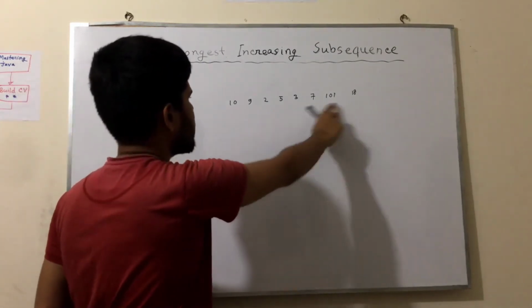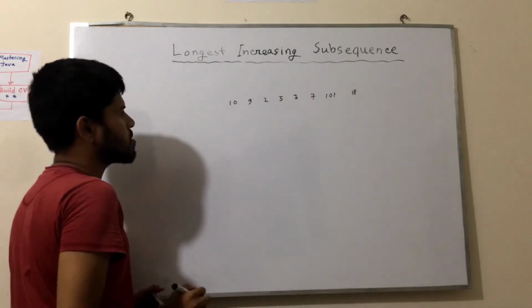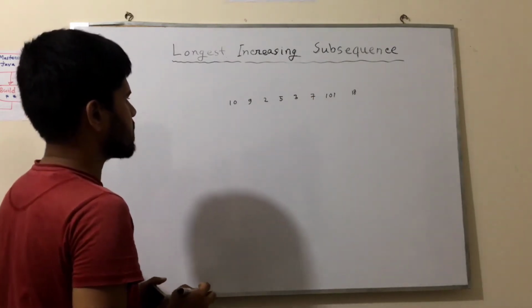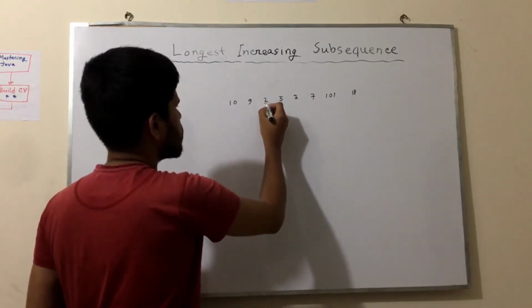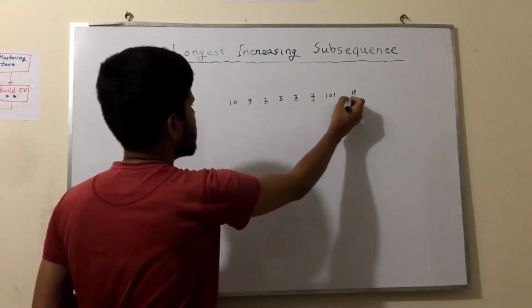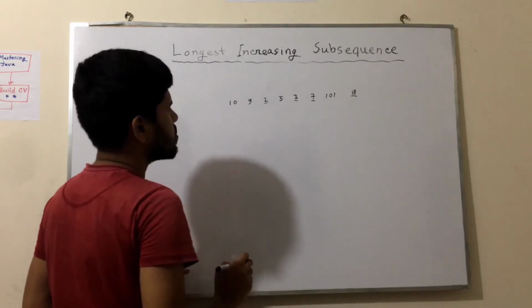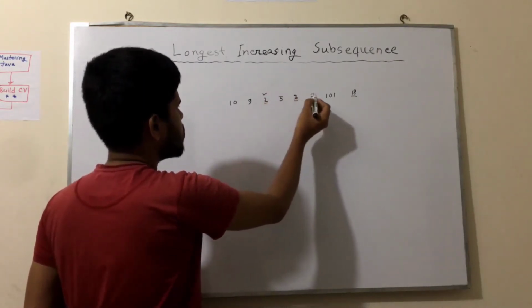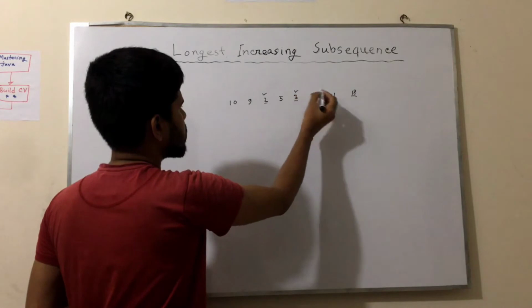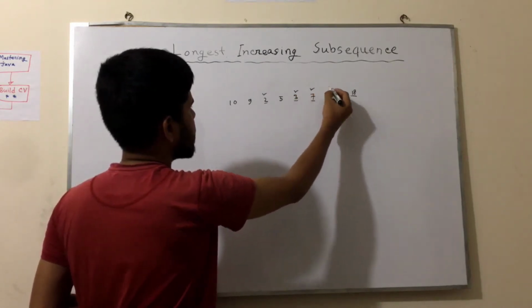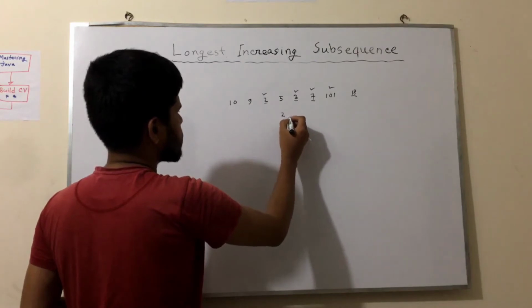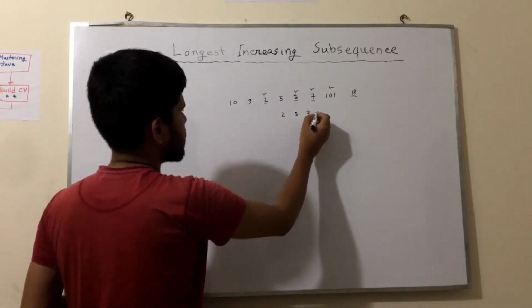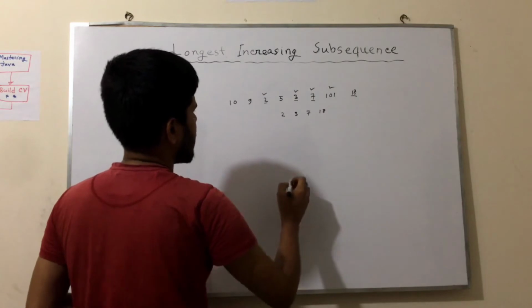In this given list of numbers, what is the longest increasing subsequence? The longest increasing subsequence is 2, 3, 7, 18, not 8.